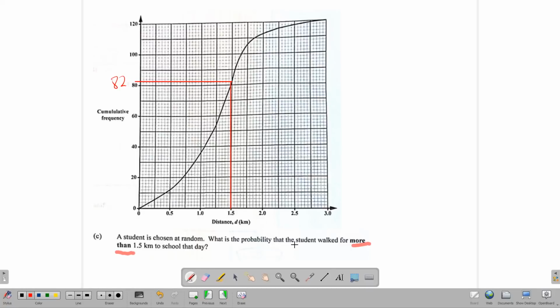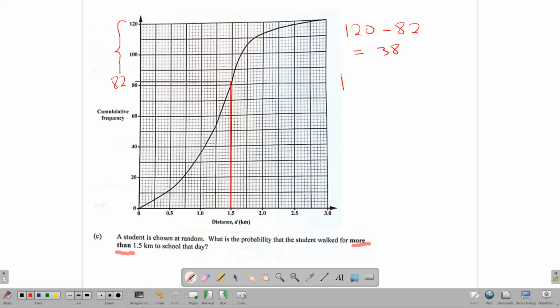But the question is saying, how many walked for more than 1.5 kilometers? Then those would have to be the other students who are up here. And so what we need to do is a subtraction. 120 minus 82 gives us 38.